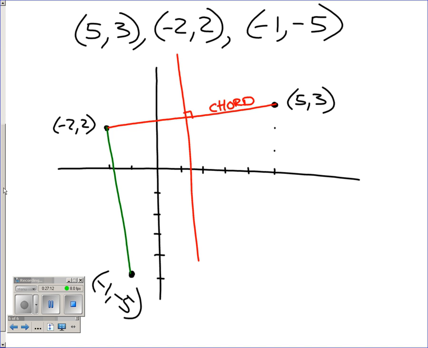Again, if I construct the perpendicular bisector of this, something like this, the point where these perpendicular bisectors meet is the center of the circle, all right?